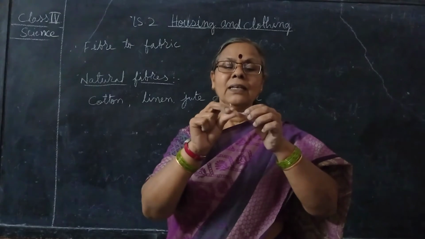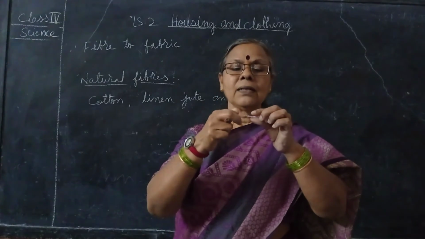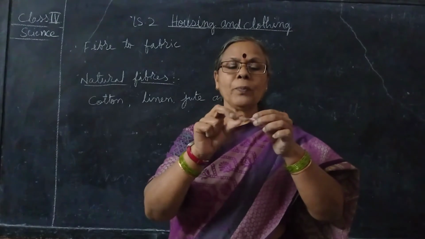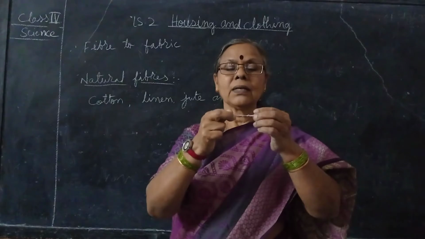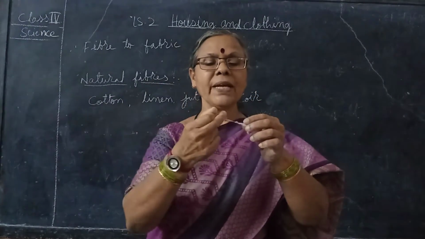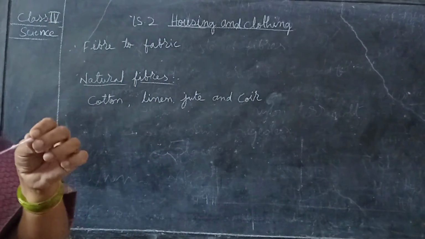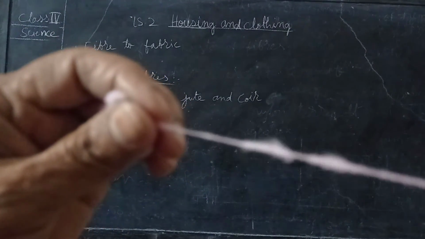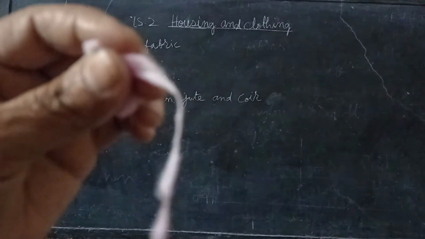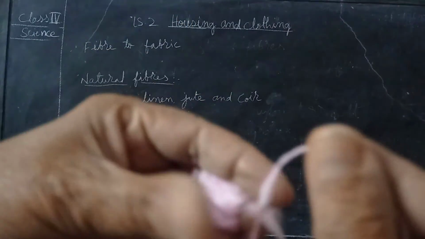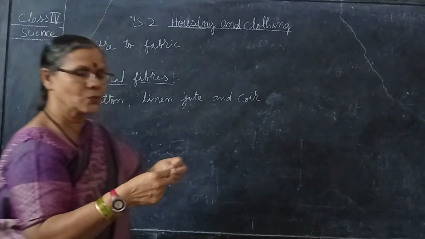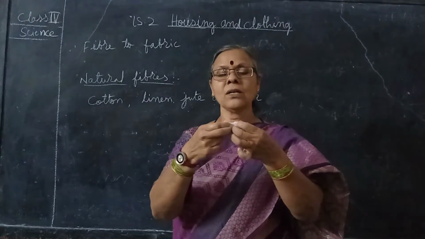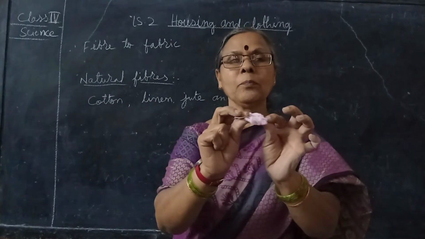You will find these cotton threads are uneven because they come from plants. Can you see this? I made one small thread. You have to just turn it, spin it and pull it. So you will get the cotton like this, which can be used for puja purposes. This is the cotton in my hand, which we get from the cotton plant.